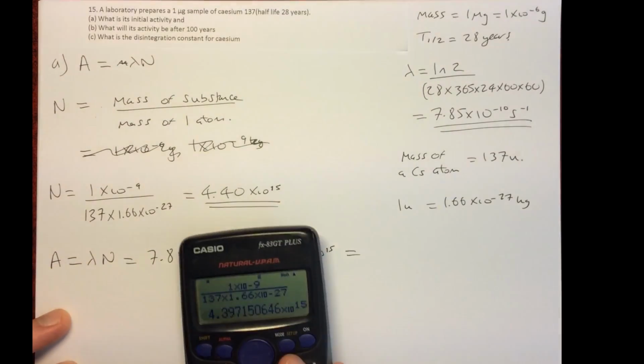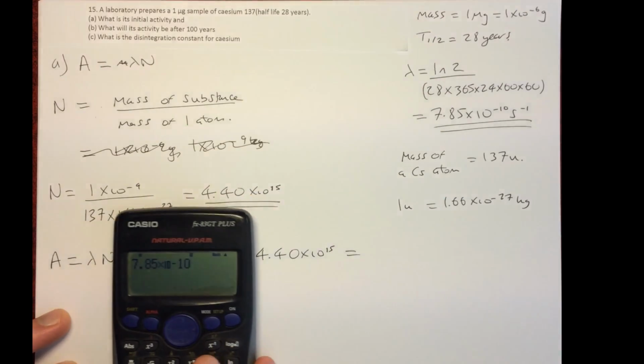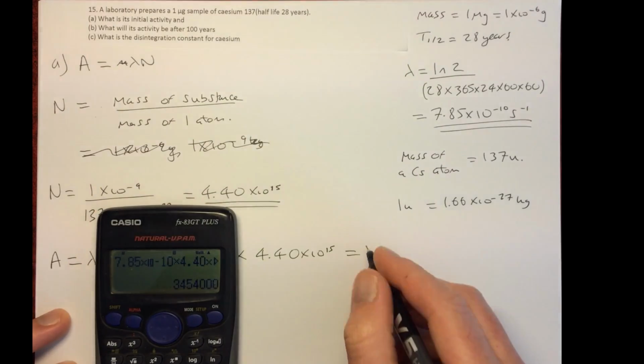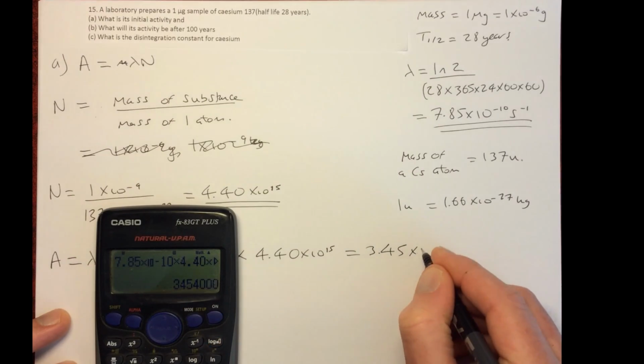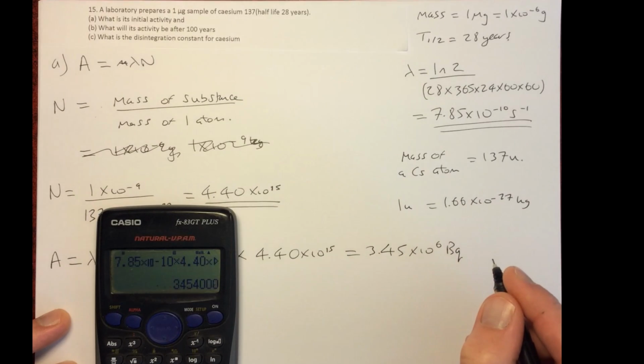That's going to give us 3.45 times 10 to the 6 becquerels.